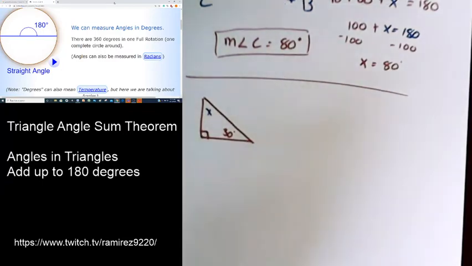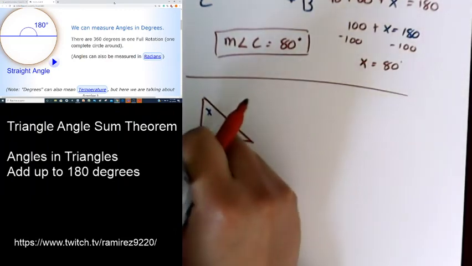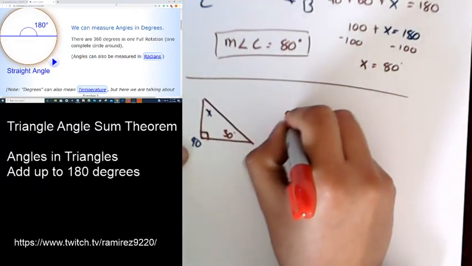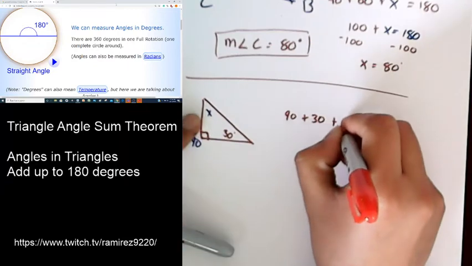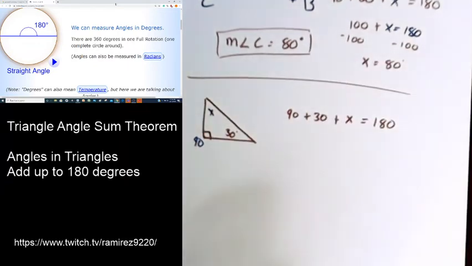Well, once again, we know that the angles add up to 180. Anytime you see a little square, you could automatically just say that that's a 90-degree angle. And so we have a 90, a 30, and an unknown value, but those three together will add up to 180 degrees.